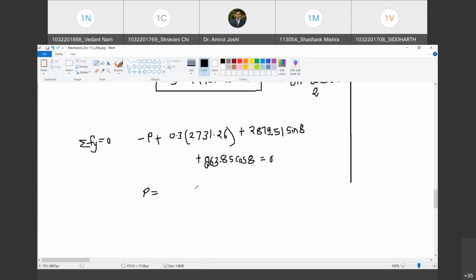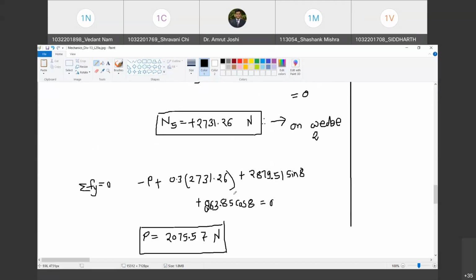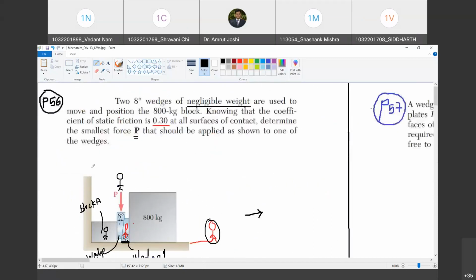So how much did you get? Yes, sir. 2075.5, 0.57, right? Yes, sir. 2075.57 Newton. This is the value of P at which this block will start sliding down. Do you agree with me?